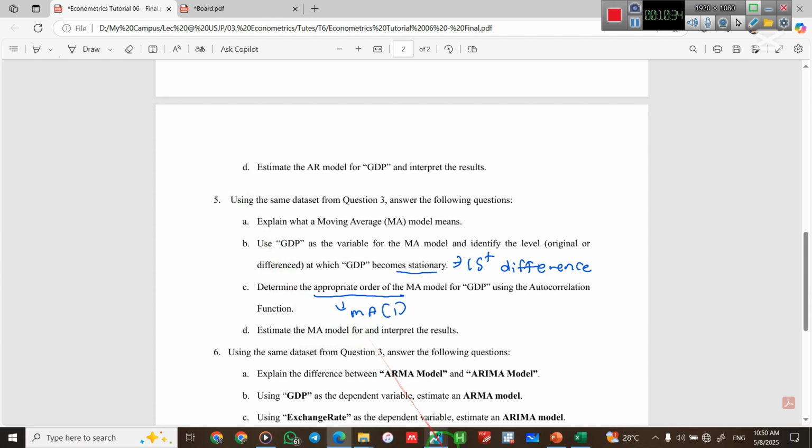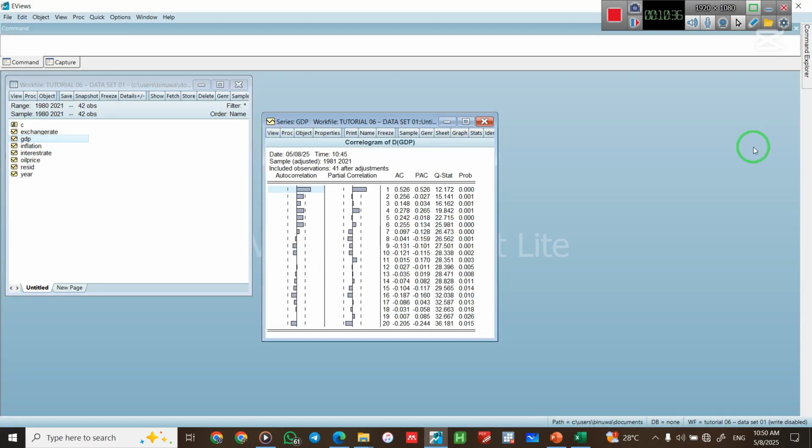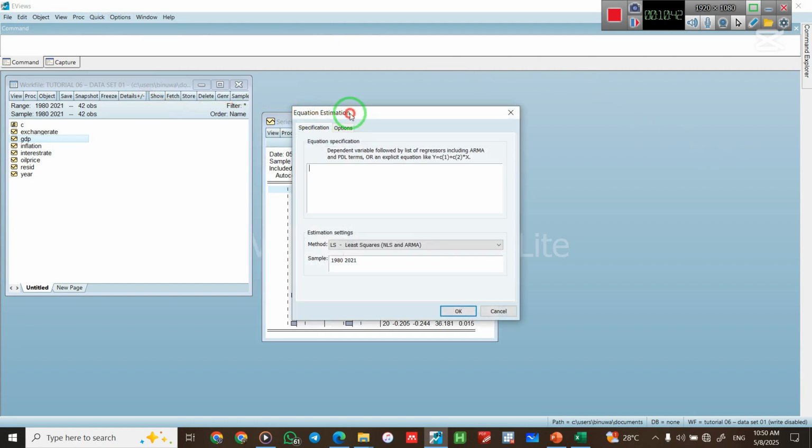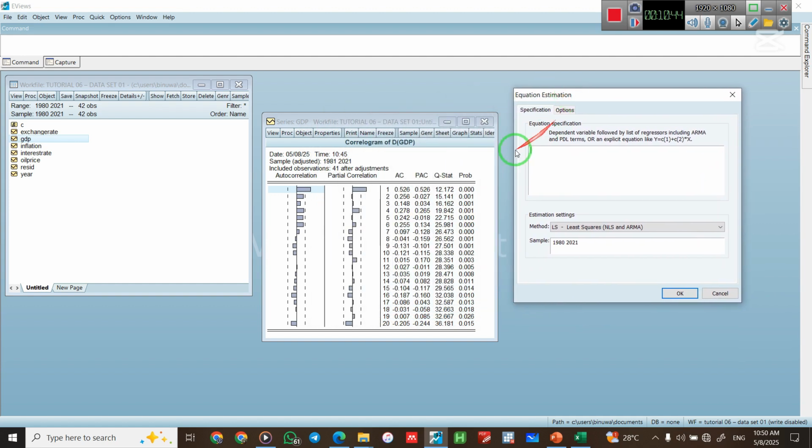So to do that, I will go to EViews and then go to Quick, Estimate Equation. In here you have to type your equation, right? We know that GDP becomes stationary at its first difference, so we have to take the first difference here.